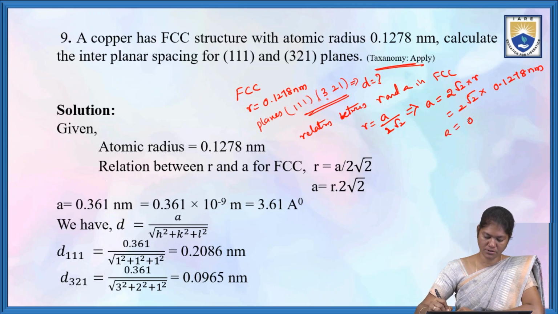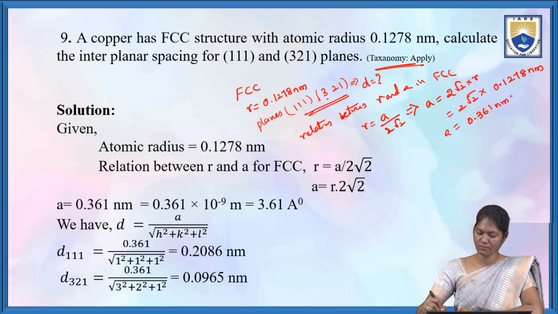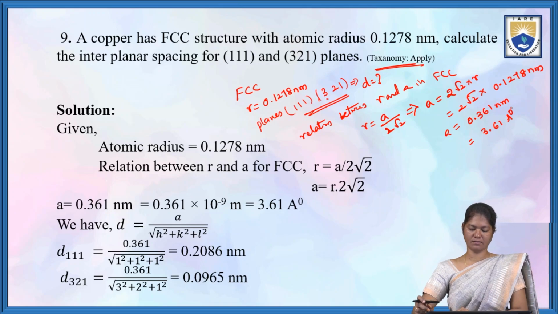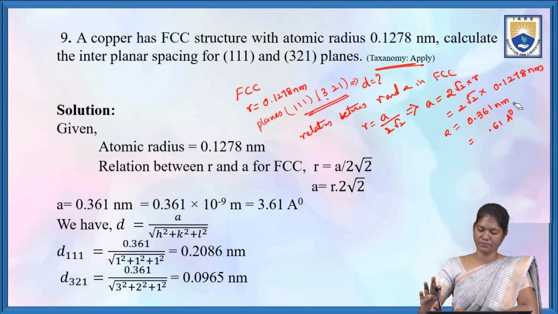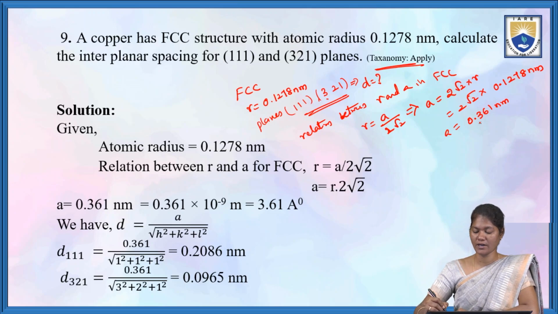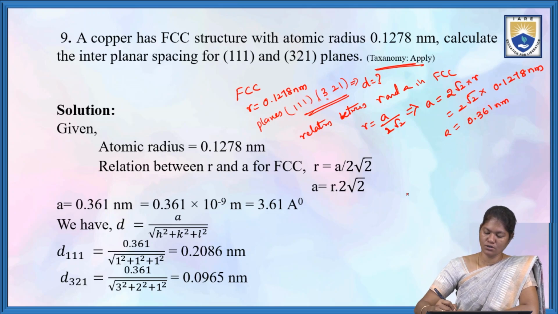So a becomes 0.361 nanometers, that is 3.61 angstroms, or we can write 0.361 itself in nanometers. So a is equal to 0.361 nanometers.